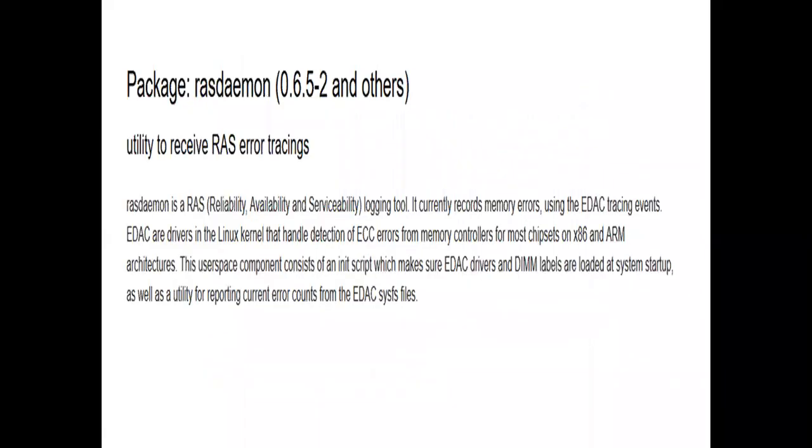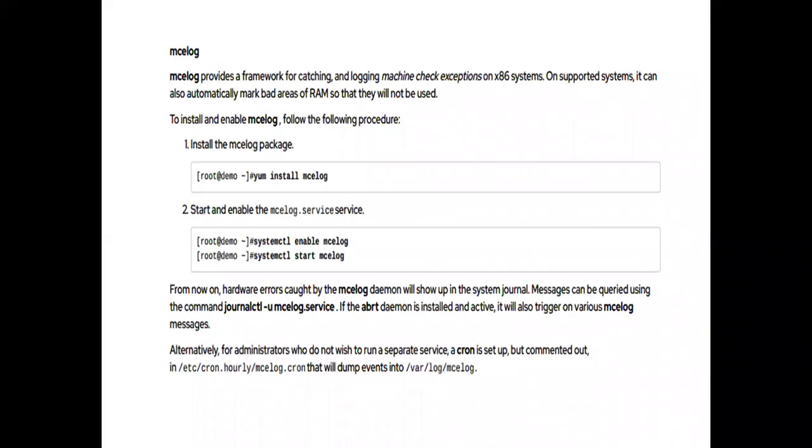I hope this information is really useful if we can implement this. And we also went through how we can install this and how we can query the log files from journalctl. And the most important thing is that MC log and RAS daemon you can easily configure in cron jobs also, and you can take the dump events also.